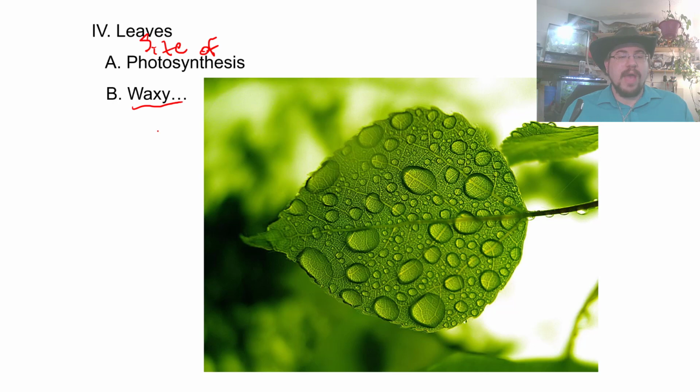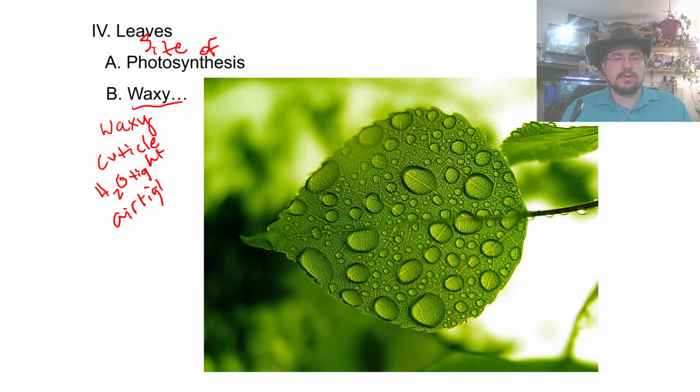So the waxy cuticle, which is a watertight and airtight covering, and then to allow that gas exchange for photosynthesis, we have the stomata. So the stomata can open and close to allow leaves to transpire.